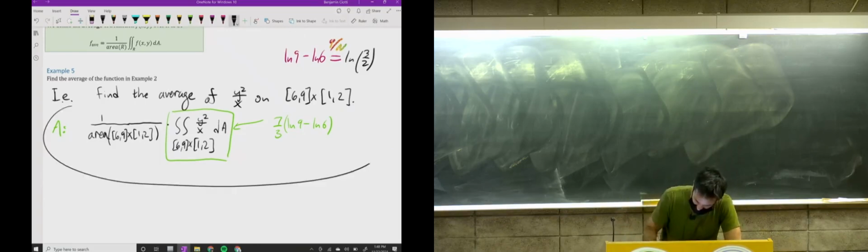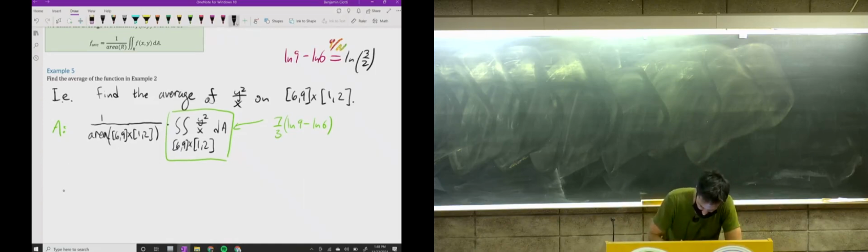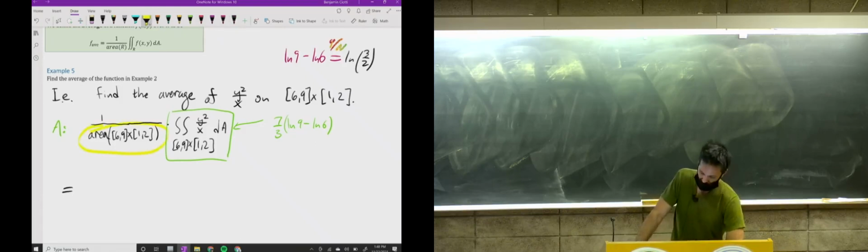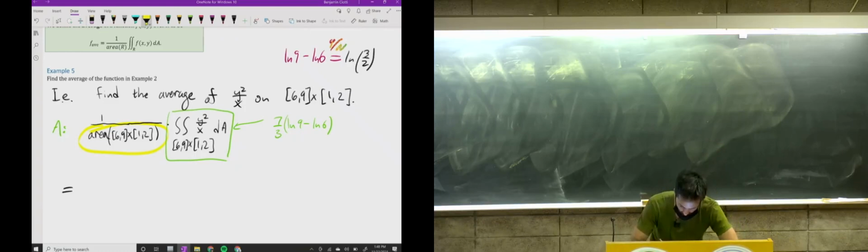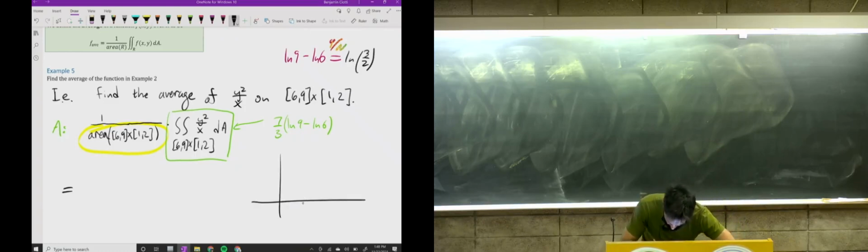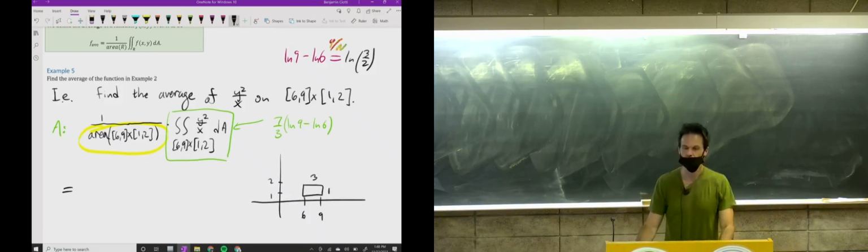So what's the answer to this average then? Well, I'm going to need the area of this rectangle. What's the area of the rectangle? I can draw the rectangle. It goes from 6 to 9 and from 1 to 2. So it's a 3 by 1 rectangle.